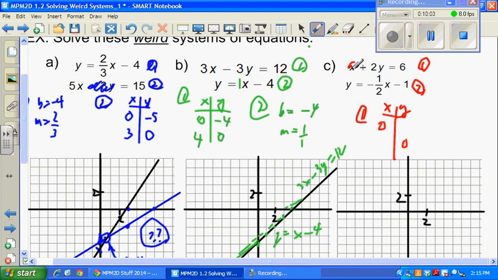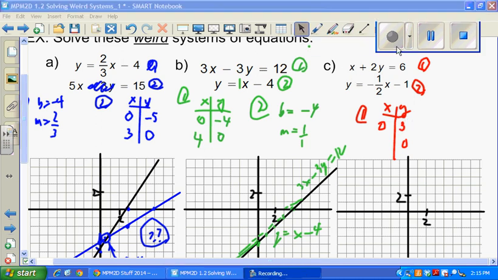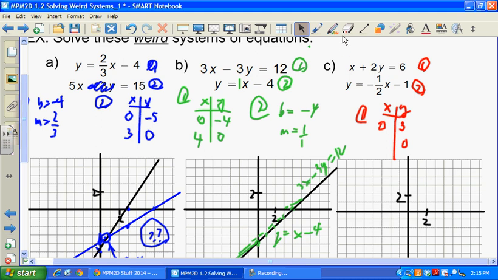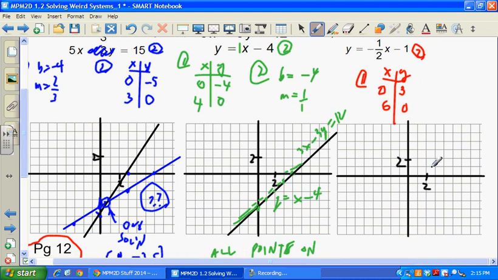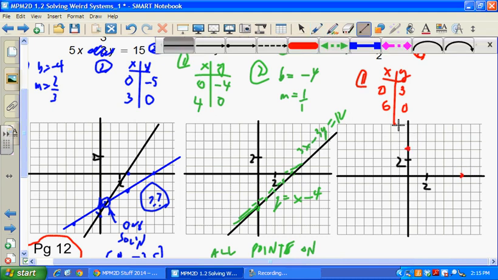When x is 0, y is 3. When y is 0, x is 6. And we'll plot those points. 0, 3 there, 6, 0 there. 2 points is all we need.